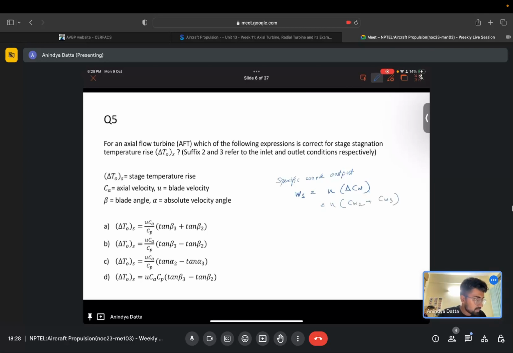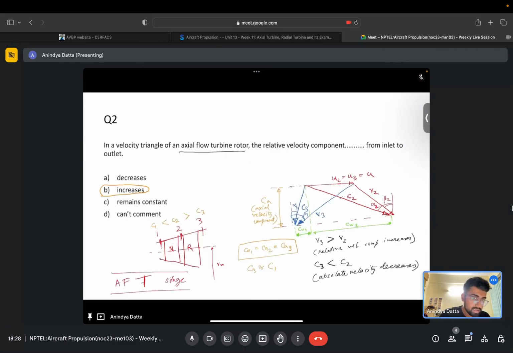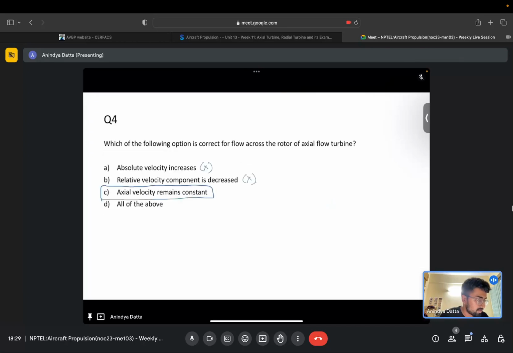We are adding up, because the directions of the whirl components are opposite to each other in axial flow turbines. CW3 is directed towards the left and CW2 is directed towards the right, if we just consider the vectors. So the change in the whirl component of velocity adds up.